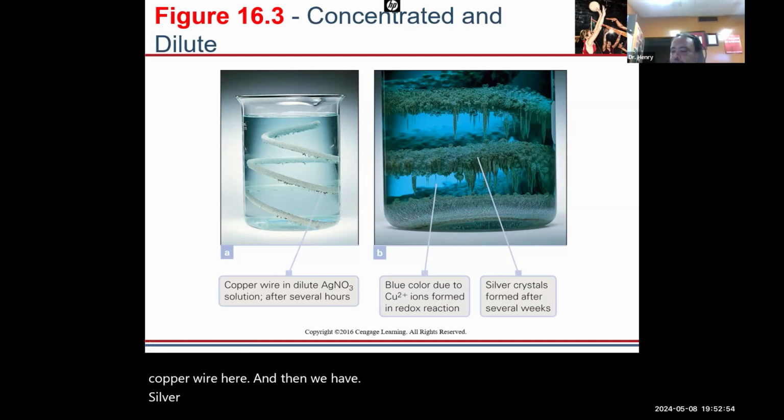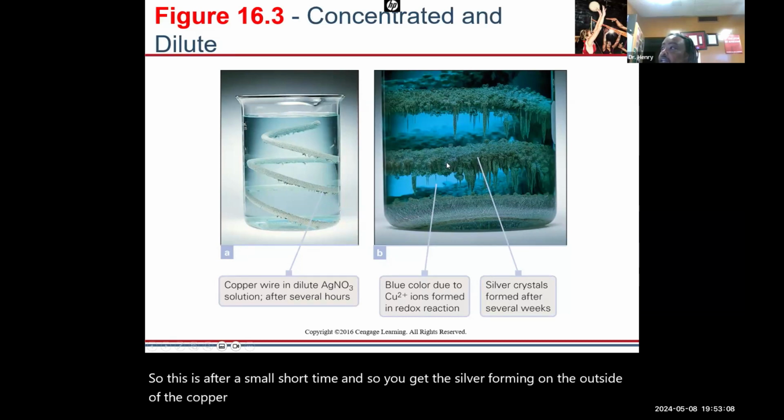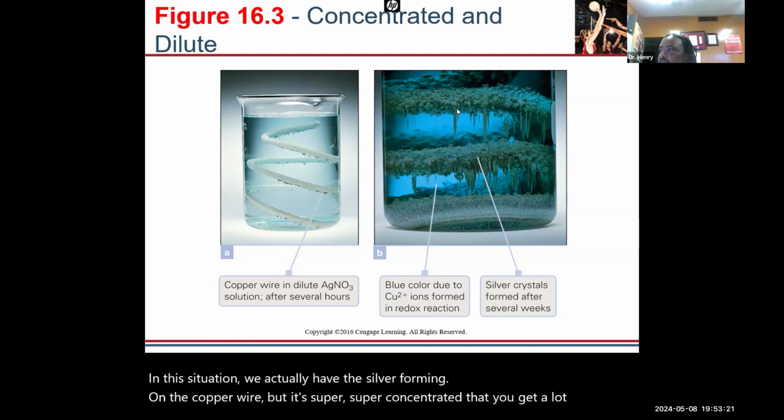I usually do this experiment in class, but we're running out of time. So this is after a small short time, and so you get the silver forming on the outside of the copper wire, and then here in this situation, we actually have the silver forming on the copper wire, but it's super concentrated so that you get a lot more silver that is starting to form.